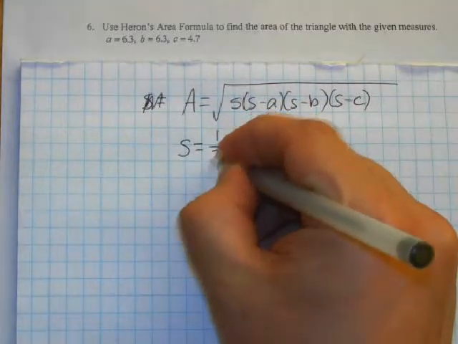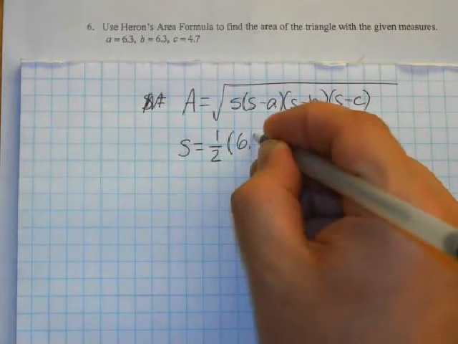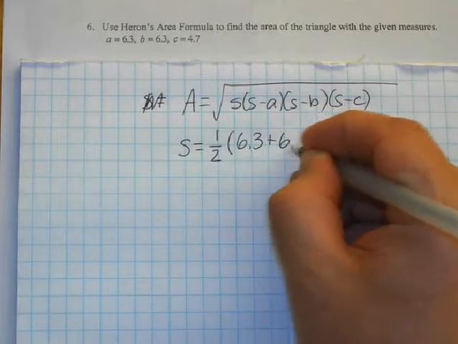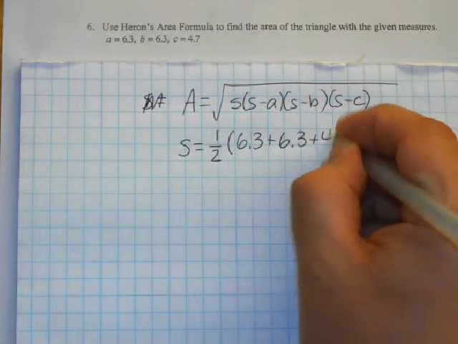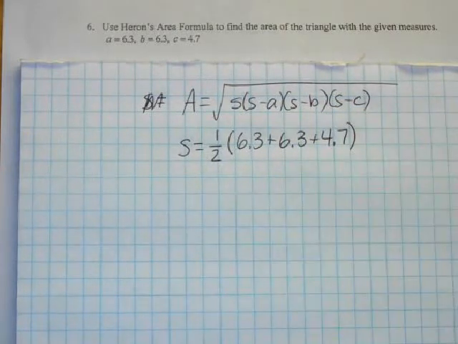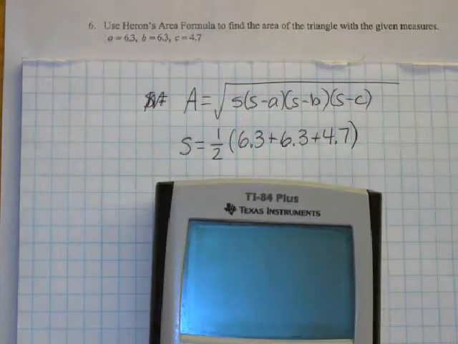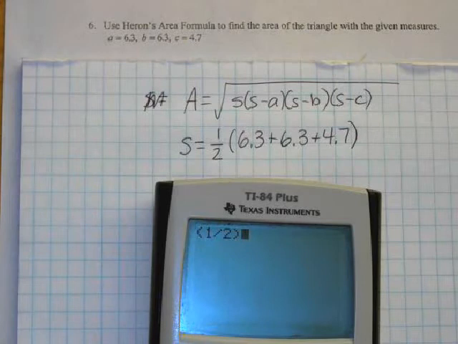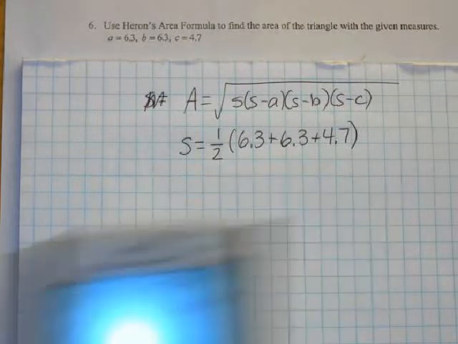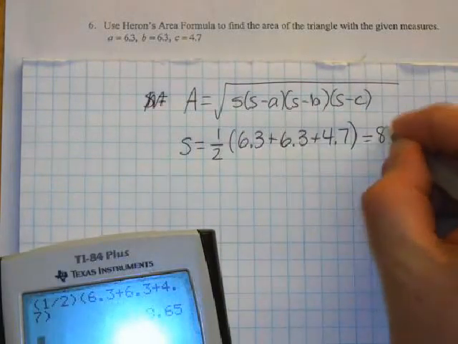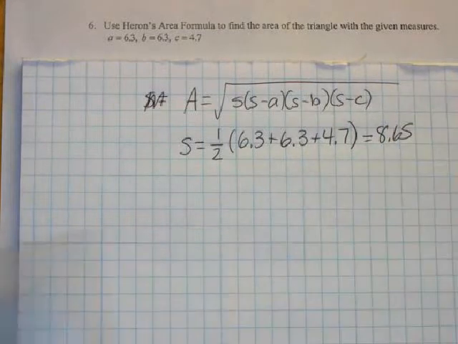So it's going to be equal to half the sum of the lengths of the three sides. So the semi-perimeter is 8.65.